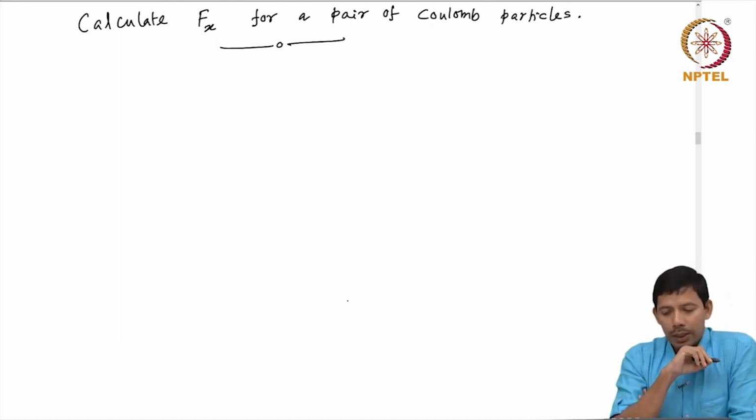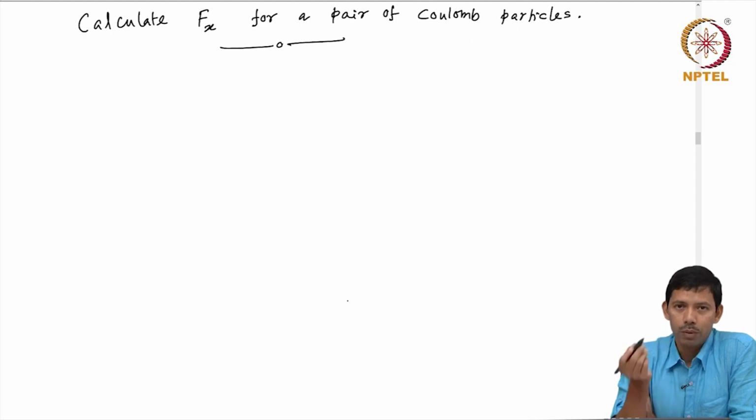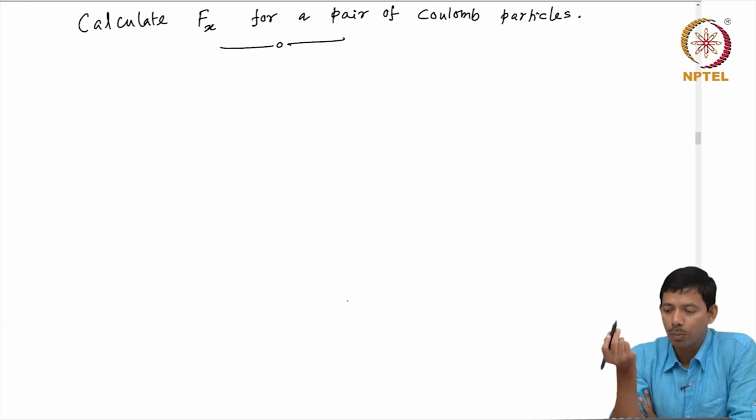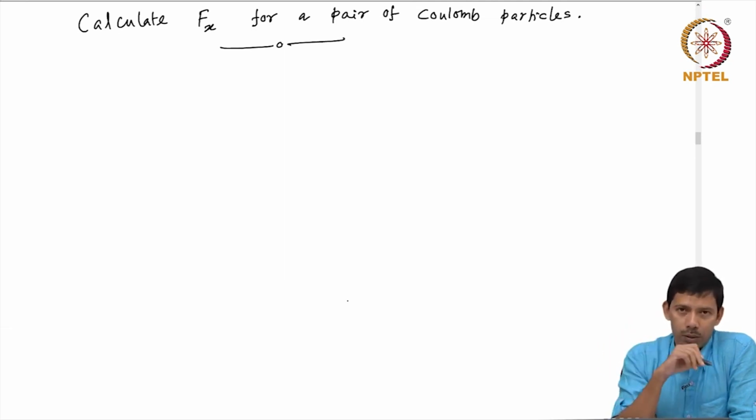So the hint is, to calculate the force, you have to know the potential. Force is nothing but the negative gradient of potential. So if I know the potential between two particles, then you can get the force, and you know the potential between two charged particles.